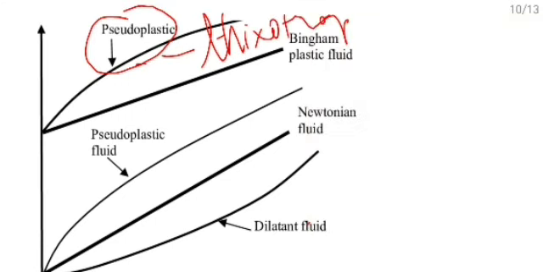This is pseudoplastic fluid. Pseudoplastic fluid examples also include paint and enamel. They don't possess initial shear stress on their own.